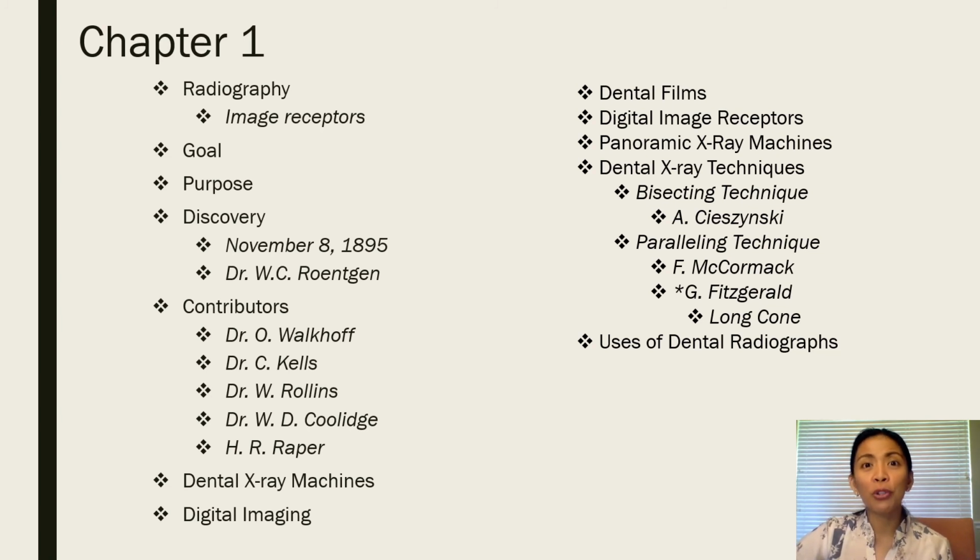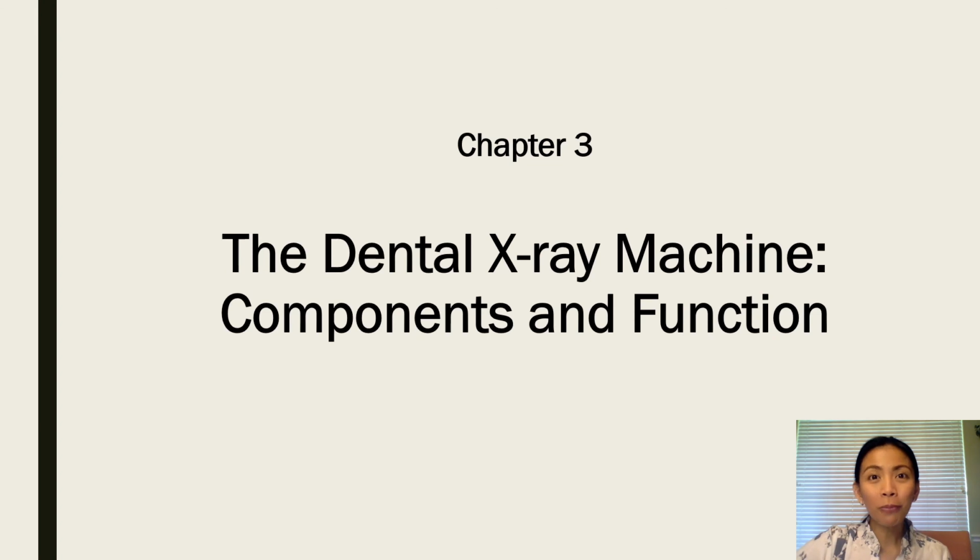So now we are going to proceed to Chapter 3. Chapter 3 looks at the different parts of the dental X-ray machine. Dental X-ray machines may vary slightly in look and design, but they will have the same basic parts.